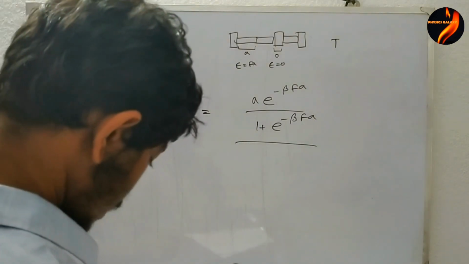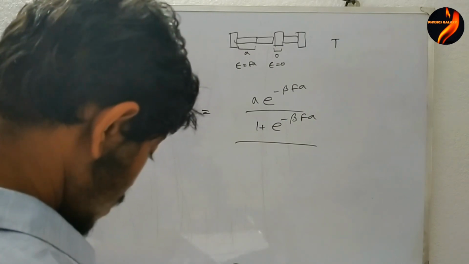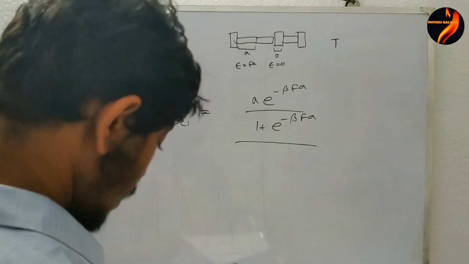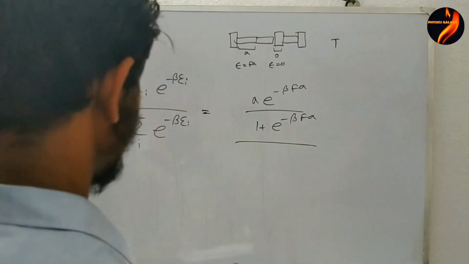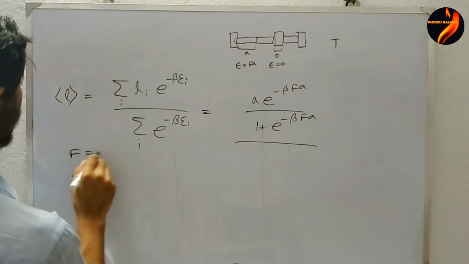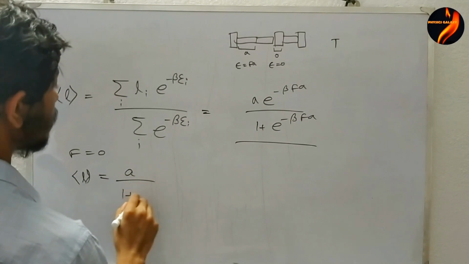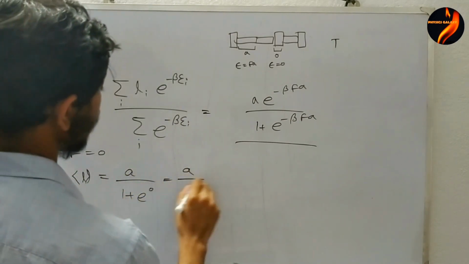Now what is the equilibrium mean length when the tension F is 0? So at equilibrium, when F is 0, this leads to a divided by 1 plus e to the power 0, equal to a by 2.